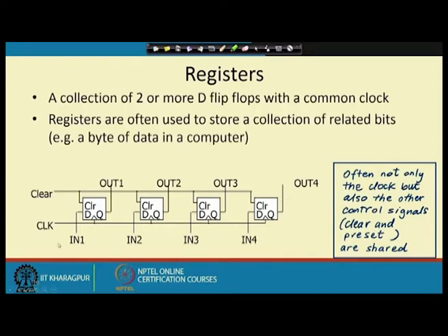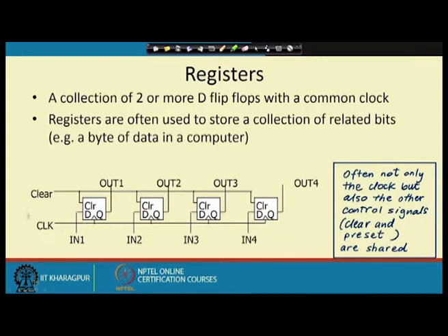Also, there is a common clear line connected to all the flip flops. If clear is set or active, then the contents of all the flip flops will be cleared. There may be some preset control lines also, not shown in this diagram, that may preset all the flip flops to 1. These types of structures are very common inside computers and they are known as registers.